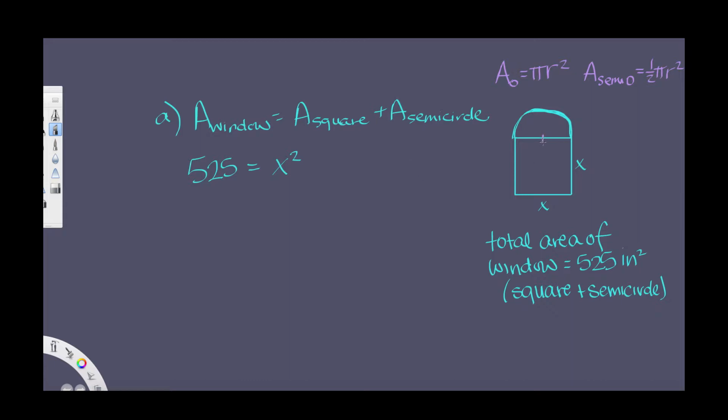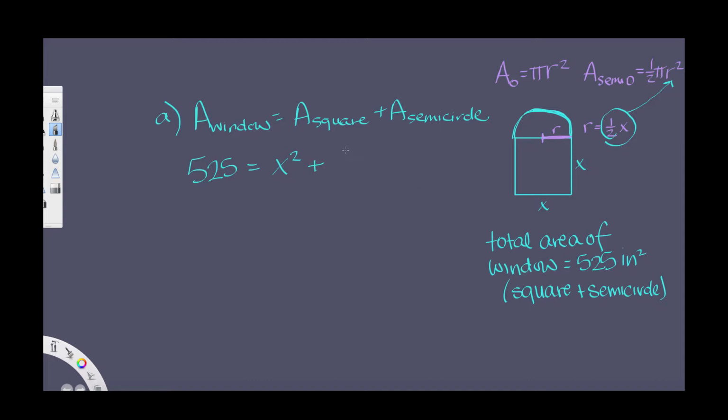Okay, so if we look at our semicircle here, and we know that r is the radius, right? So if this is r, well, what is r? R in this situation is actually 1/2 x. Okay, so we're going to need to take this r and substitute it into the formula for the area of a semicircle over here.